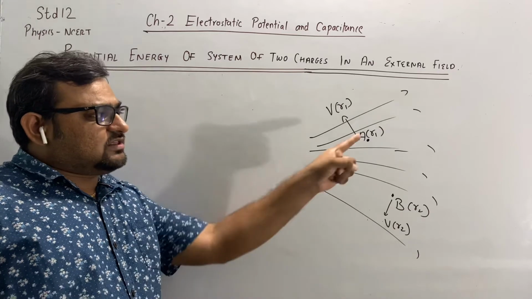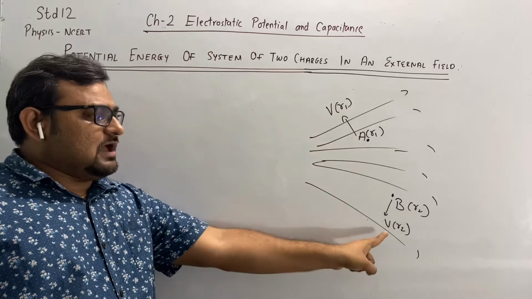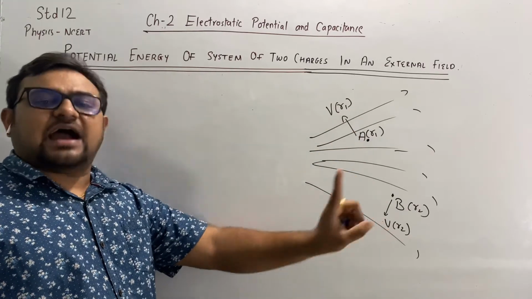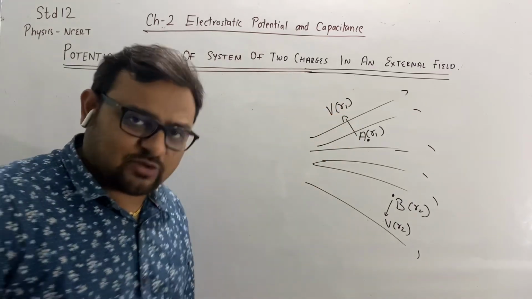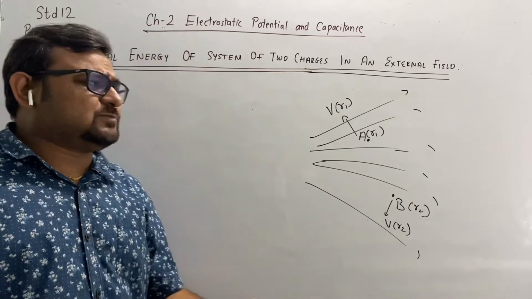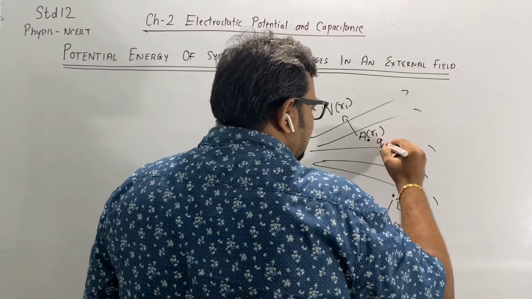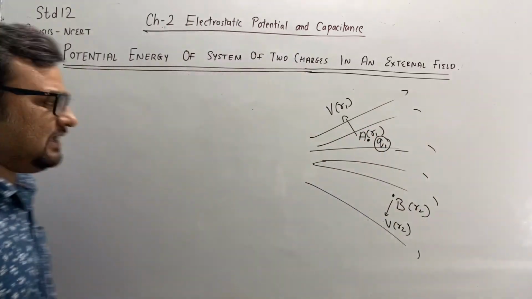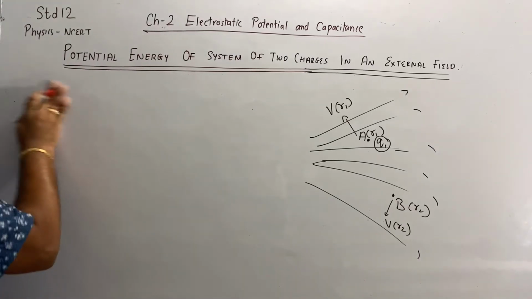So potential at A is V at R1, and potential at B is V at R2. It's not V into R1, it is the potential at a point with position R1. Now, let's bring a charge Q1 from infinity to this point A.